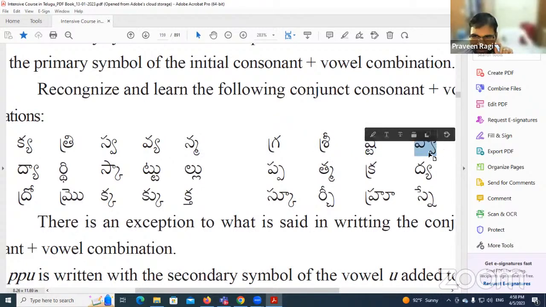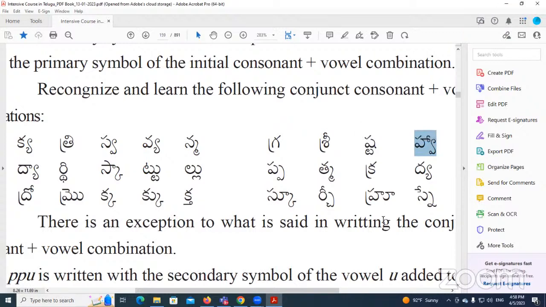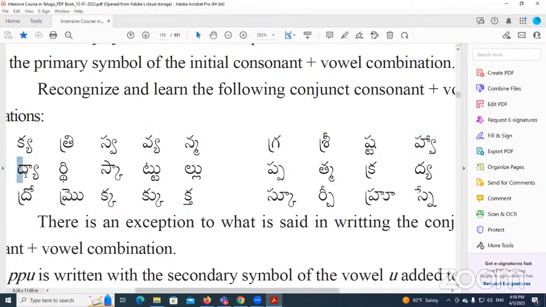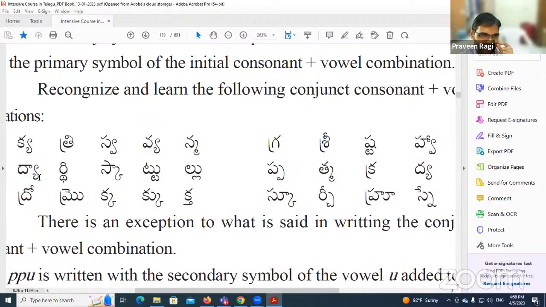Okay, let's see. "Va," "Hwa," yes. So I will tell you one word, "Ahwanamu." "Ahwanamu" means invitation. Oh, okay, I was about to say a rumor, because in Urdu, "ahwa" is a rumor. It's okay. Anyways.